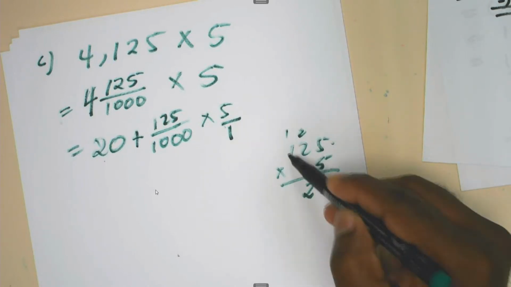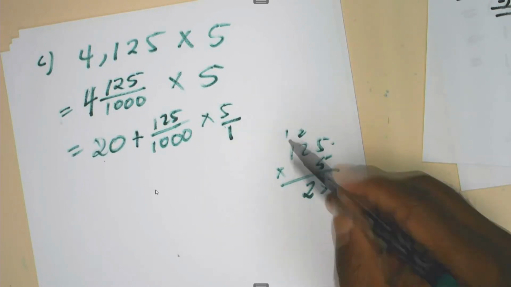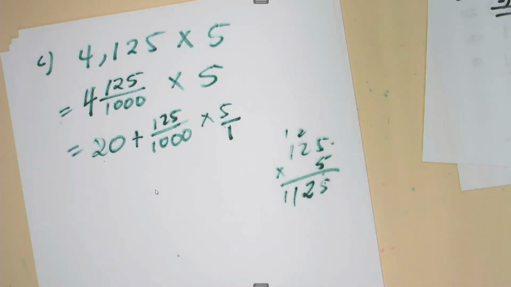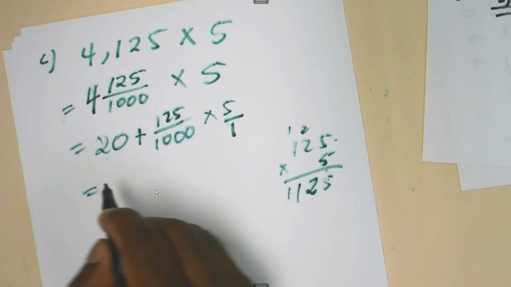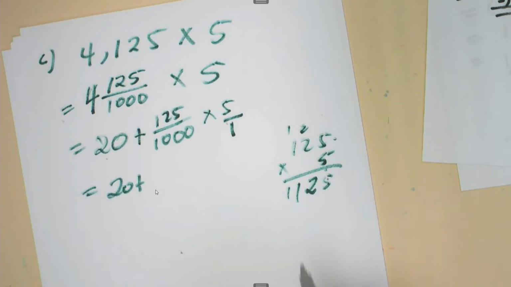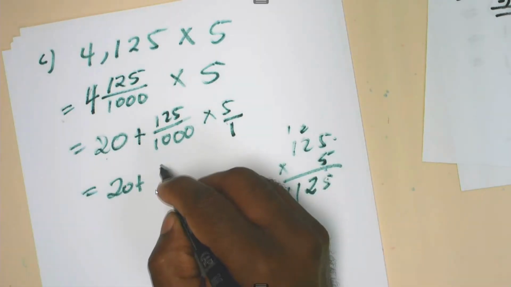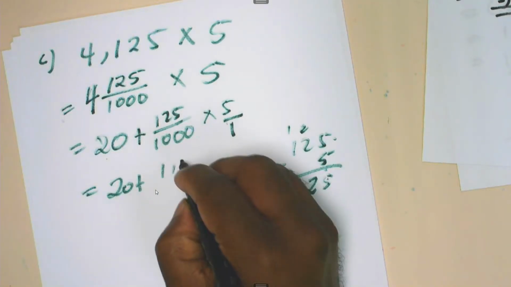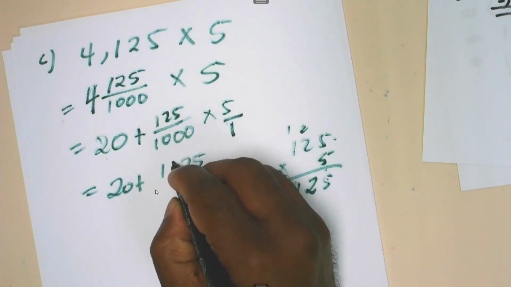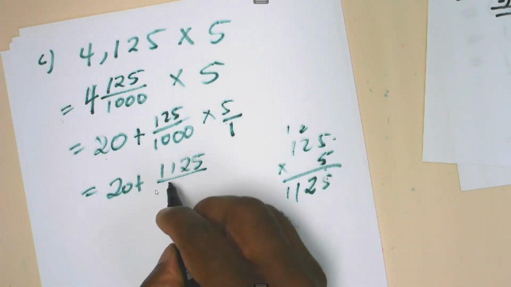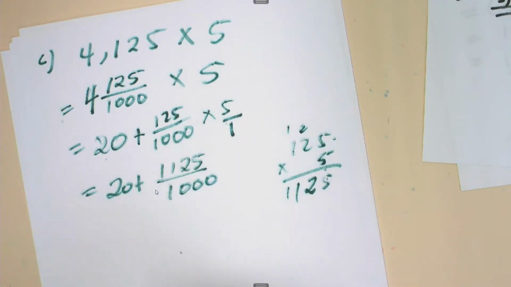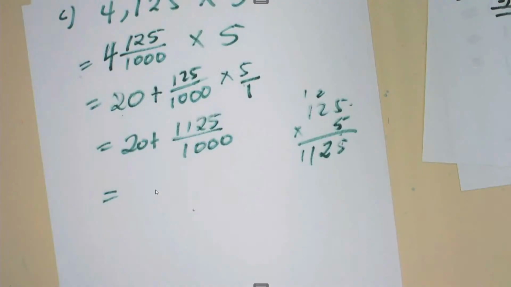And then 5 by 1 is 5 plus 1 is 6. So it's going to be 20 plus 625 over 1,000. You see? Are we still clear?